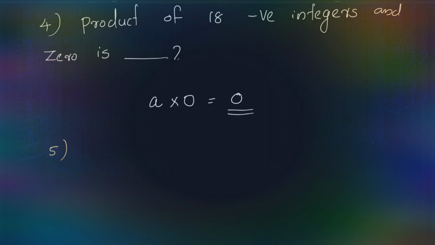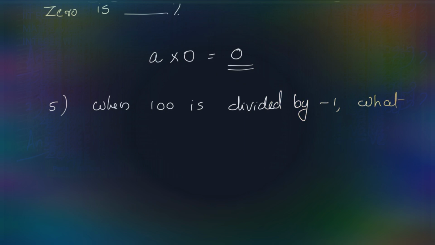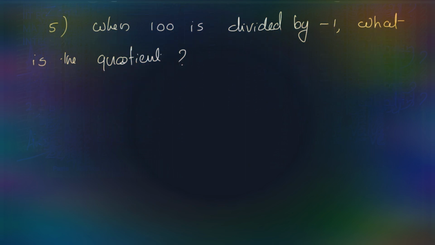Next is our fifth question. When 100 is divided by -1, what is the quotient? An integer a divided by 1 gives a.